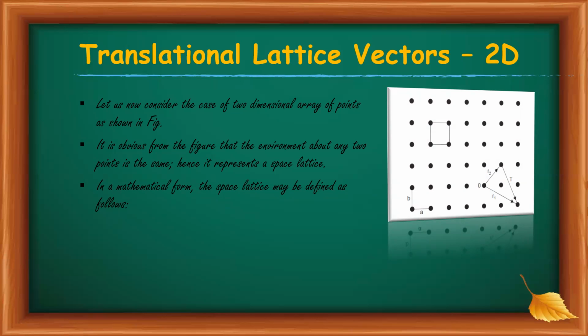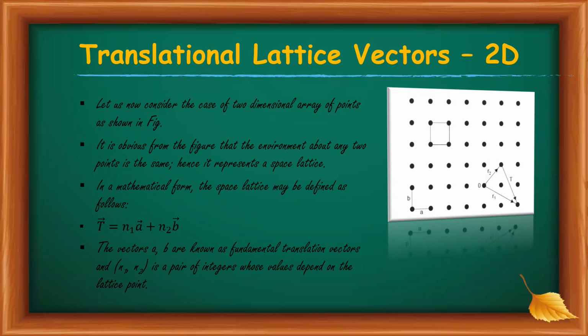So a space lattice in 2D can be represented as T equals n1 a plus n2 b. The vectors a and b are known as the fundamental translational vectors, and n1, n2 is a pair of integers whose values depend on the lattice point.